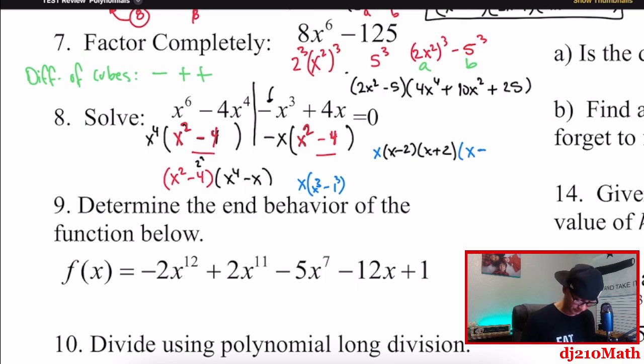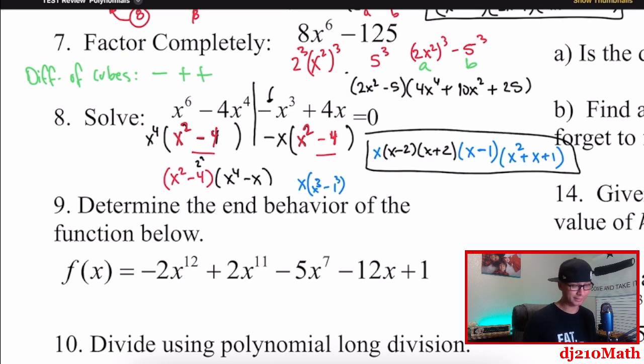So minus 1, and then x squared plus x, right, because AB, and then B squared, which is 1. X squared plus x plus 1. Okay, that's not a clean factor. It cannot be factored cleanly. So there we go.